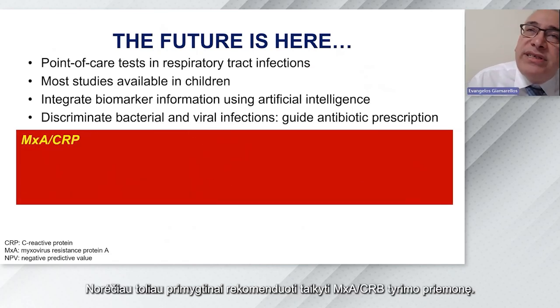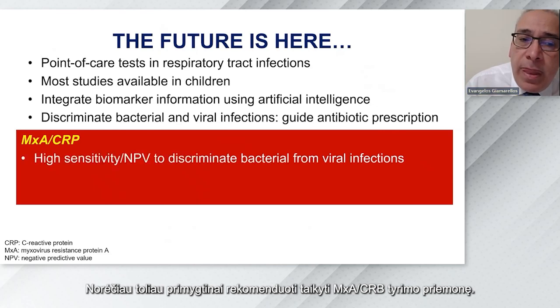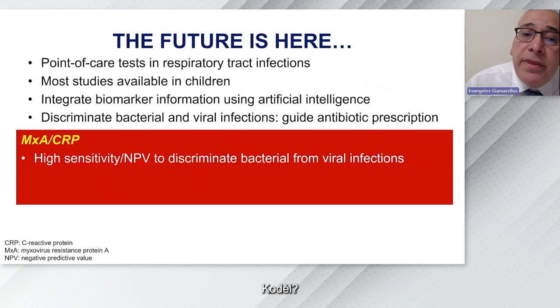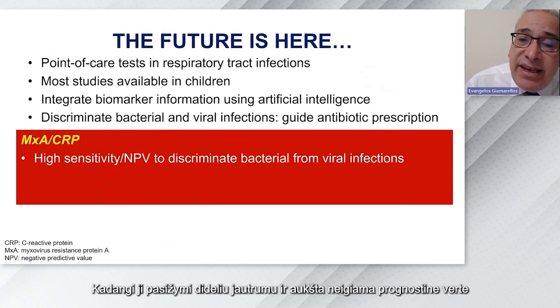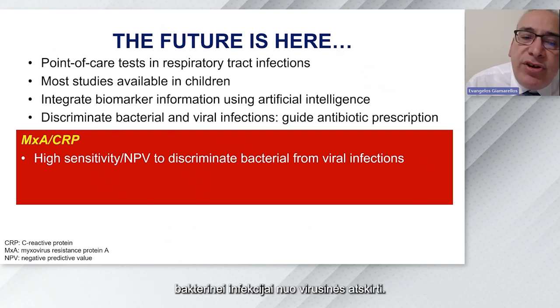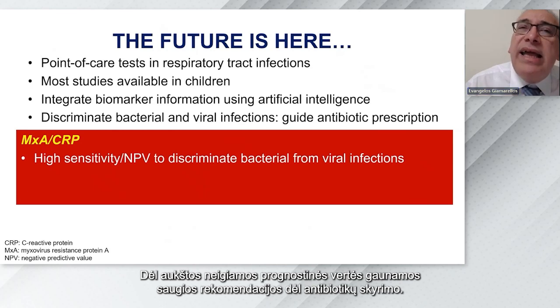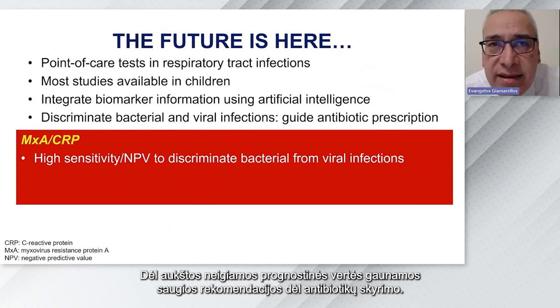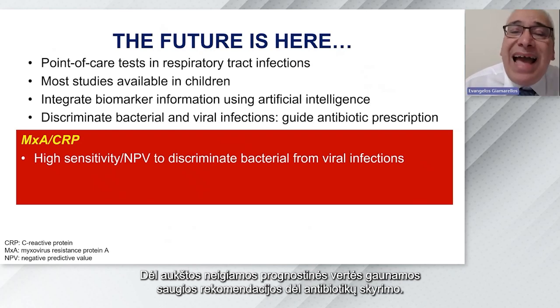I would like to insist further on the MXA CRP tool. Why? Because there is high sensitivity and high negative predictive value to discriminate bacterial from viral infection. And this translates into safe guidance for antibiotic prescription because of the high negative predictive value.